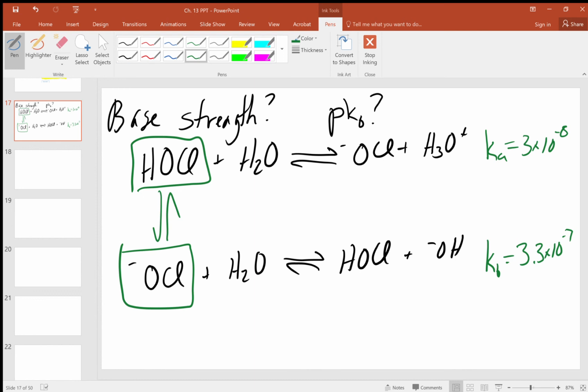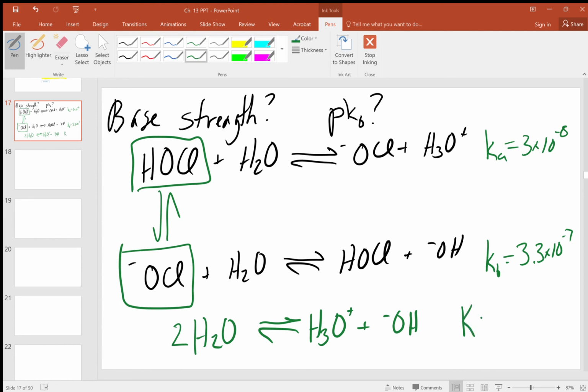Well, if we add the two equations together, we end up with a total of 2 water forms H3O plus and hydroxide. To get the new equilibrium value for this combined equation, we have to multiply the two equilibrium values that we added together.